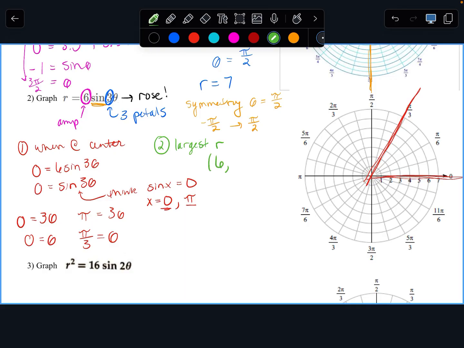So the largest R, I already know is going to be 6 because this is the amp from the equation. And then for the angle itself, because the petals are symmetric, it's going to be pi over 6, because that's halfway between the 0 and the pi over 3. So this is going to be at pi over 6. So you don't really have to do much math.